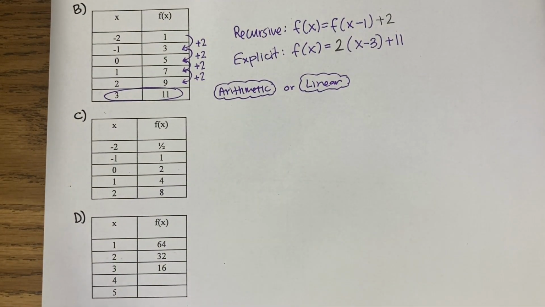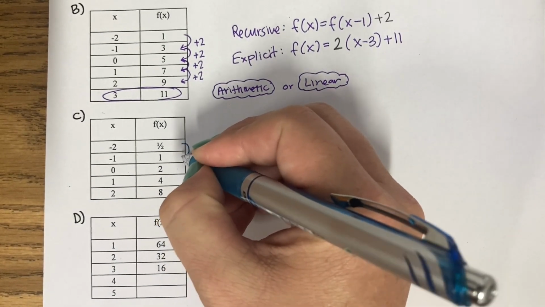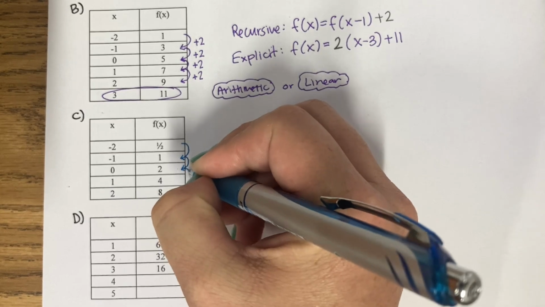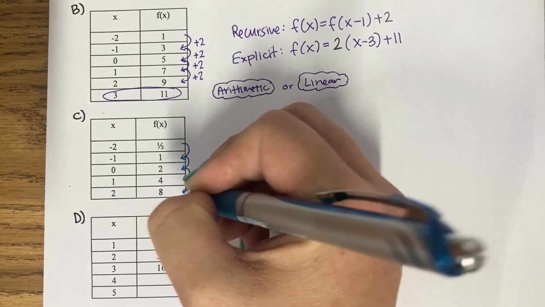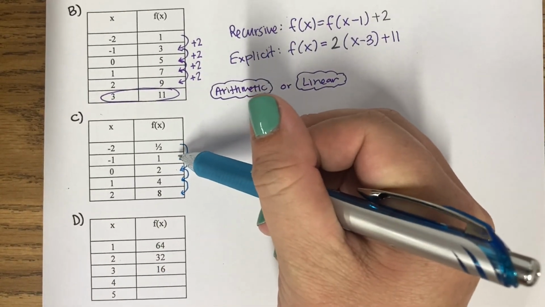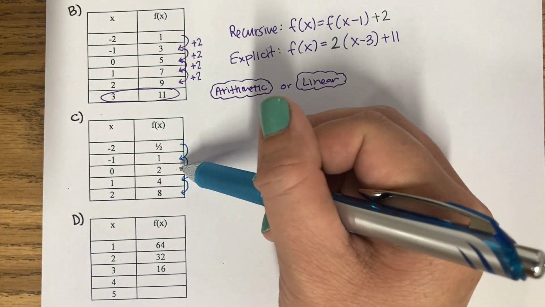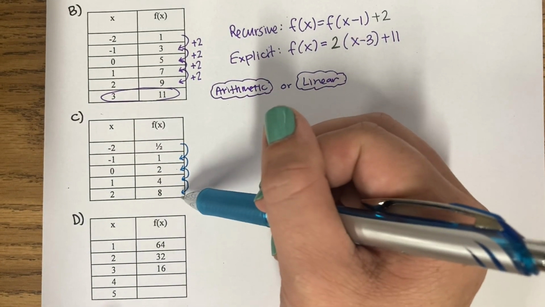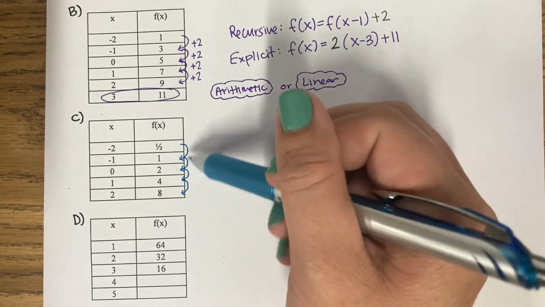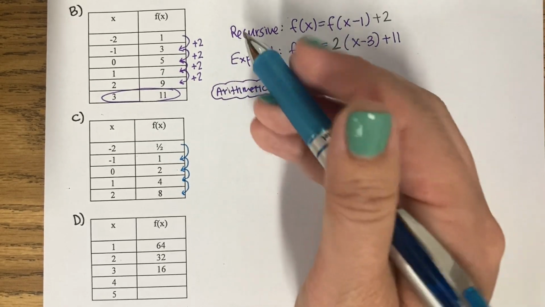Question C. Let's look at its pattern. 1/2 to 1, 2, 4, 8. That pattern is changing. If I do adding, it'd be like add a half, add 1, add 2, add 4. It's not a consistent addition property.